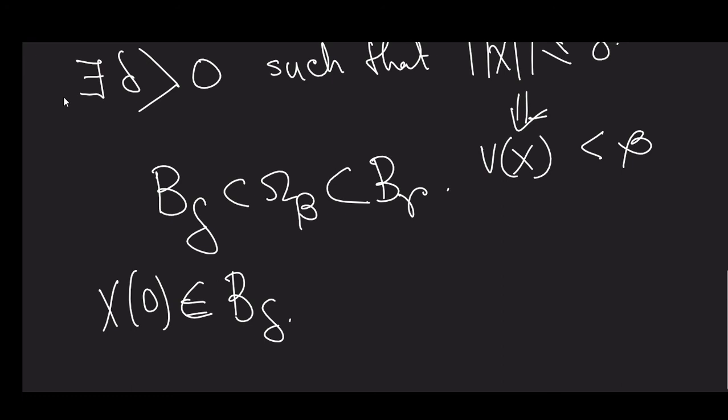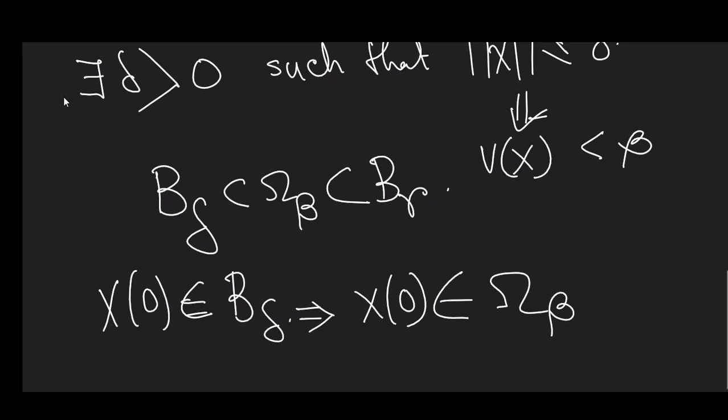Now we have x naught contained in omega beta, and therefore all xt will lie in omega beta for all t greater than or equal to 0.